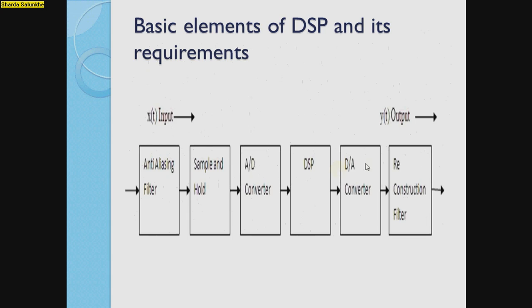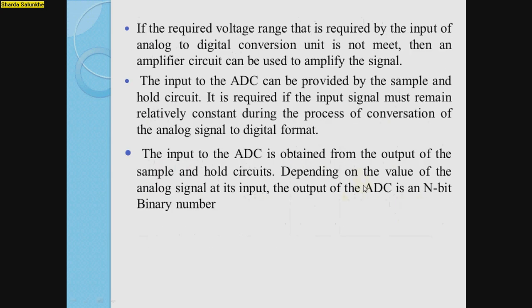So in this figure, when the signal gets converted into the digital form, it will be sent to the DSP processor, where the DSP processor does the required operation on the signal and again feeds it to the D to A converter for the conversion process.